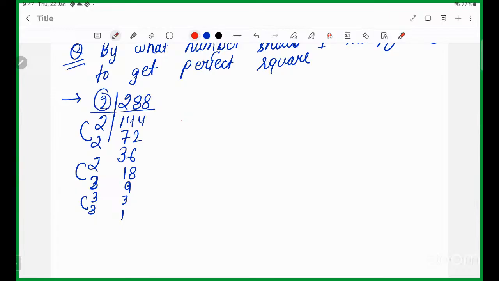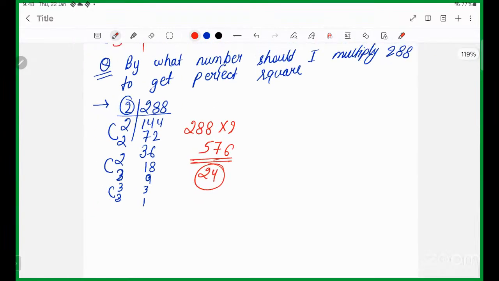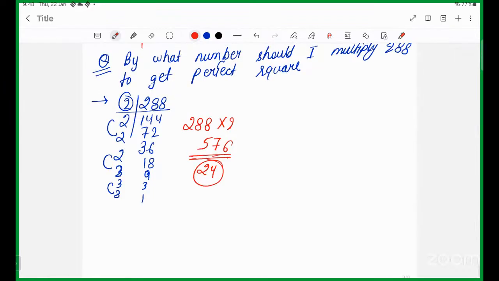So I will multiply 288 by 2 and I will get 576, which will be the square of 24. Okay.